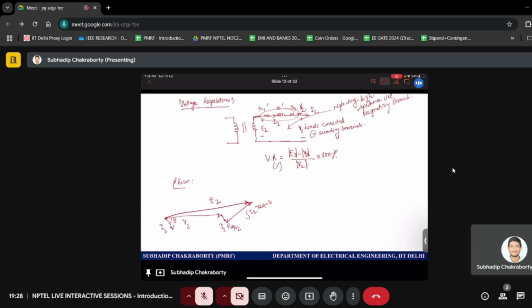So the voltage regulation talks about this length minus this length compared to this length, and then multiplied by 100%.